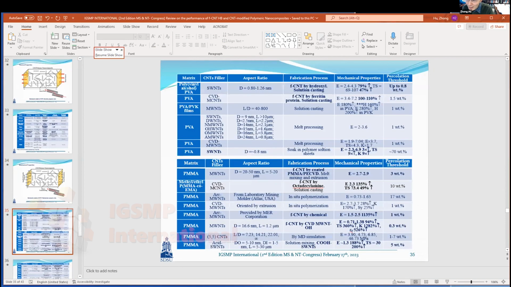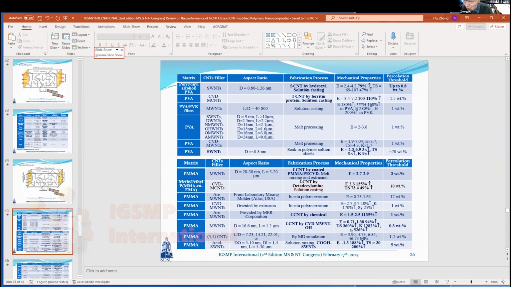There's a lot of data. For example, with functionalization, the carbon nanotube can improve the elastic modulus 79%, or tensile strength 47%. And sometimes it can be even higher: you can see 9 times the Young's modulus improved, and tensile strength also 9 times improved, or sometimes the ductility.